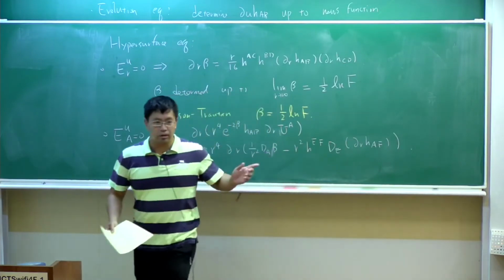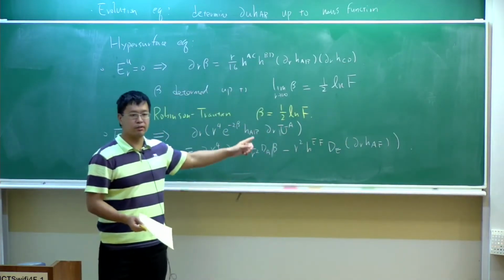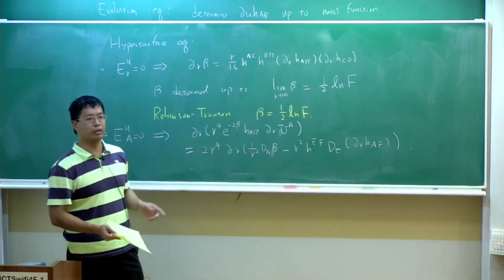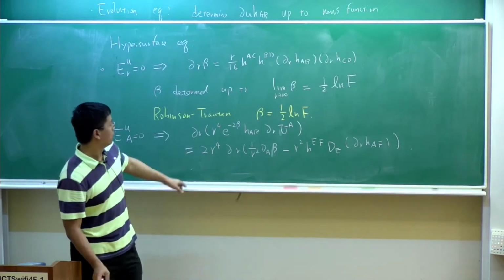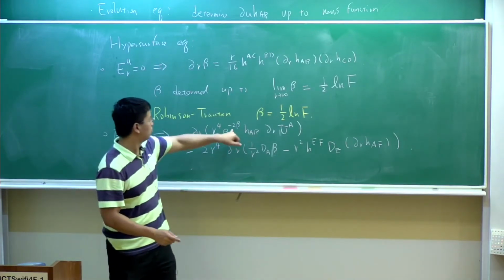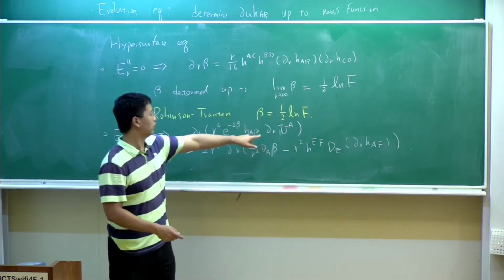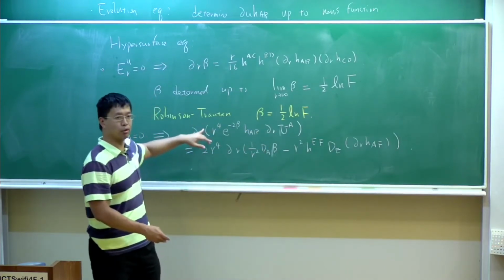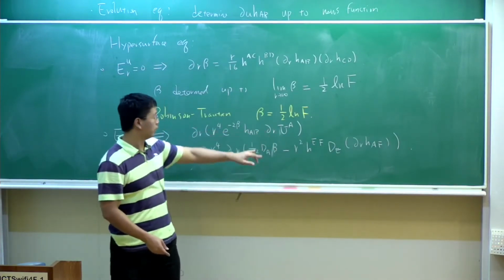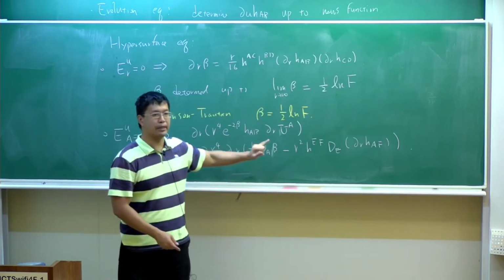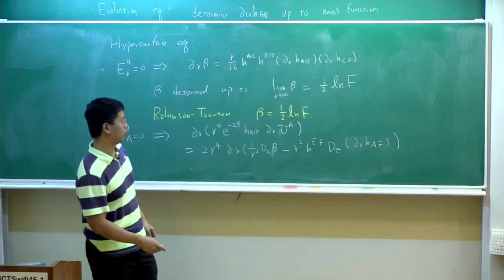This, where the derivatives are the covariant derivatives with respect to the metric h. Okay? So beta is determined, h_AB is known, so essentially this is, again, the radial ODE for the component U^A determined by h_AB and beta, both of which are known.